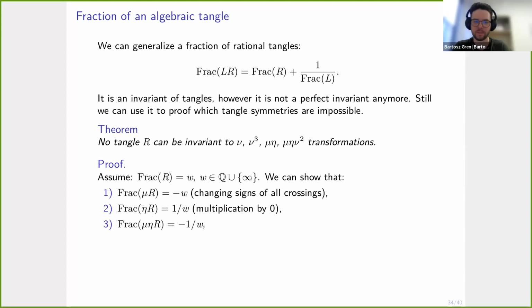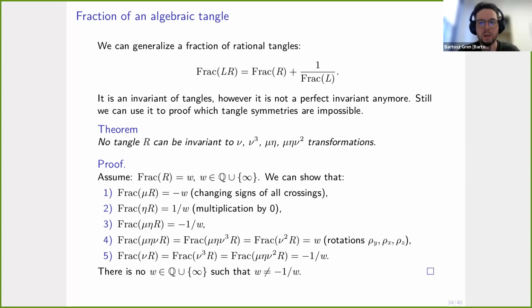So some of these operations do not change a fraction. Some of them change the fraction into the opposite fraction, and some of them invert the fraction.